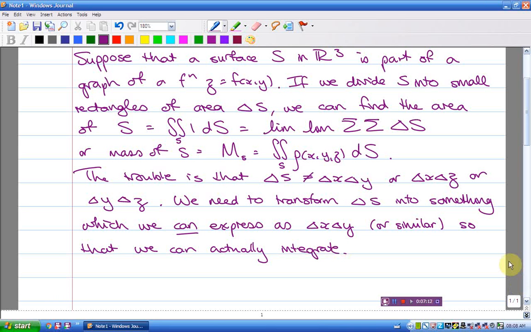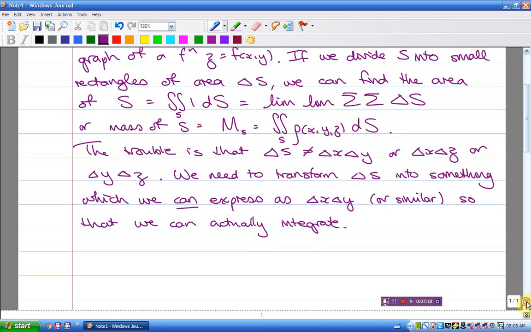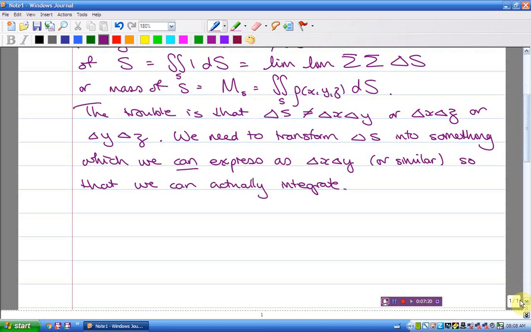Okay, so how are we going to do that? We're going to do that by taking our surface and projecting it onto one of the coordinate planes. It could be any of the coordinate planes, but it frequently is the xy plane.